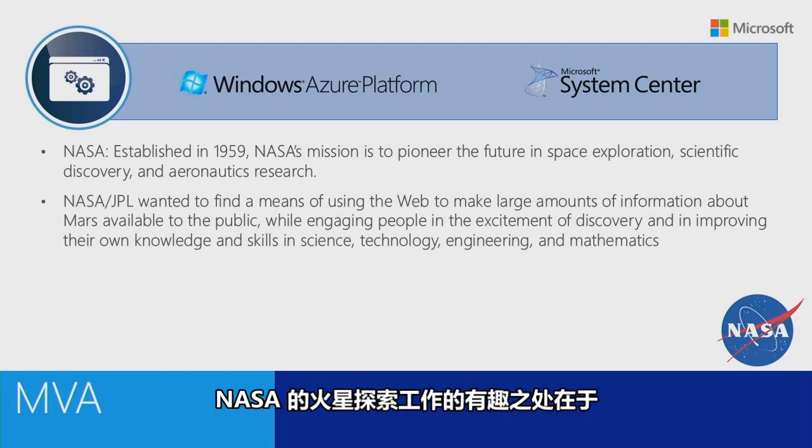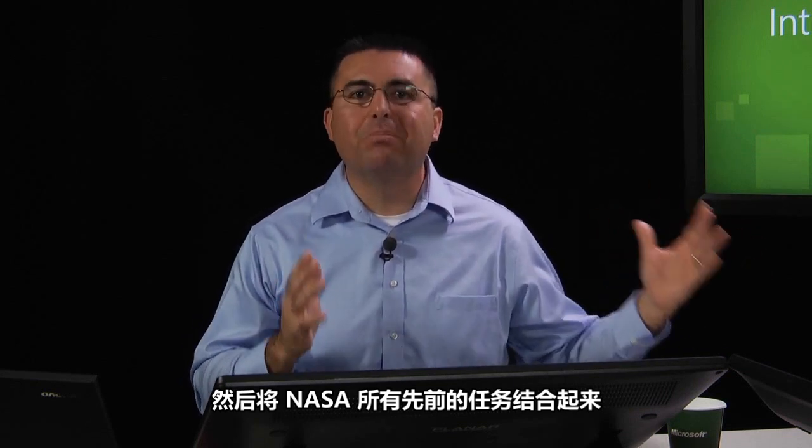Well, what's been interesting about the work that NASA's been doing with Mars is they've generated more data from the Mars rover landings than in all of the previous NASA missions combined, because they're able to gather so much data. So one of the challenges NASA had was, what are we going to do with all this data? Where are we going to put this? How are we going to catalog all of this?